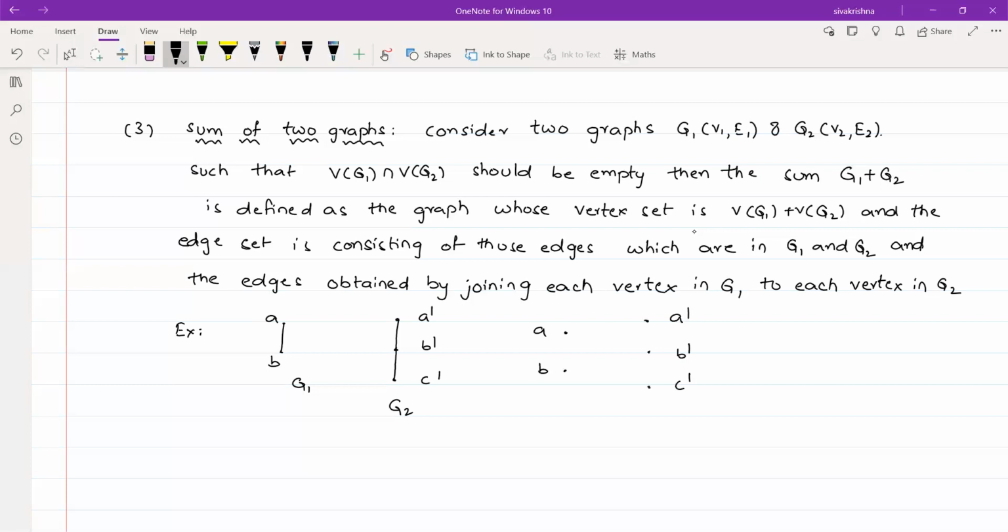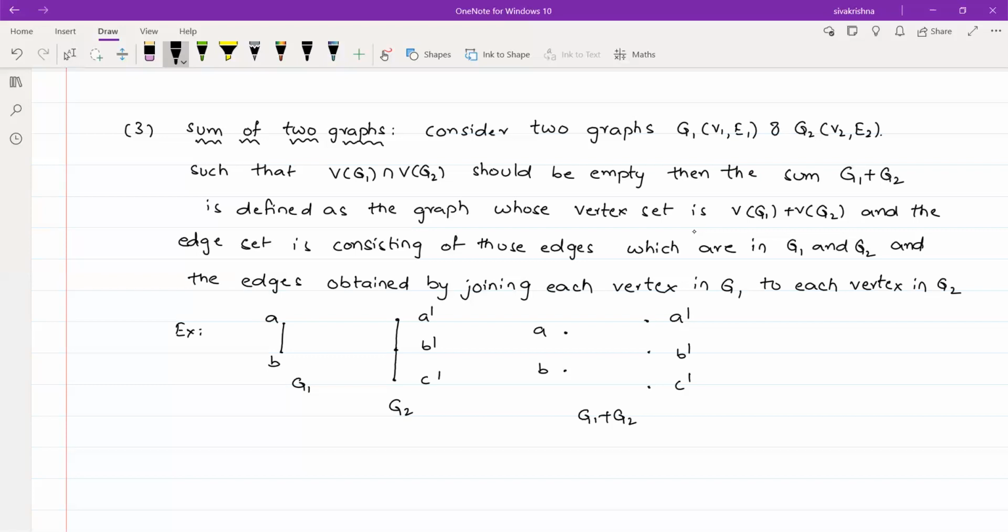Now coming to the edges in G1 plus G2. So this is nothing but G1 plus G2, I am constructing the graph G1 plus G2. Okay, so now we have to draw the edges in G1 plus G2. In the definition, the edge set consists of those edges which are in G1 and G2. It means whatever edges we have in G1 and G2, those edges should be present in G1 plus G2.